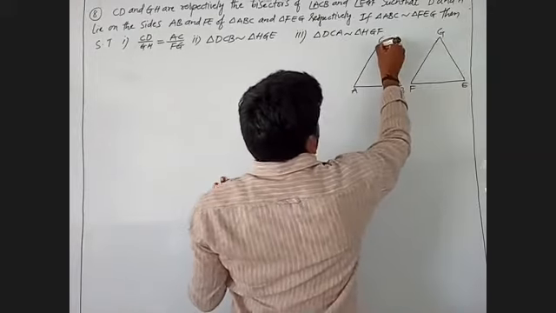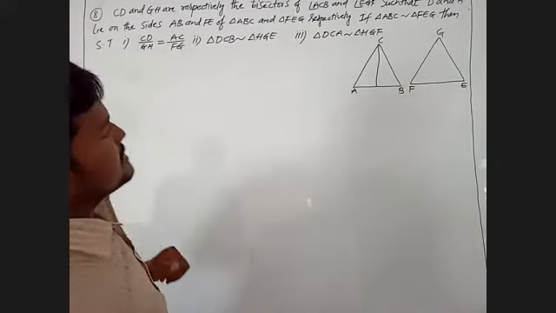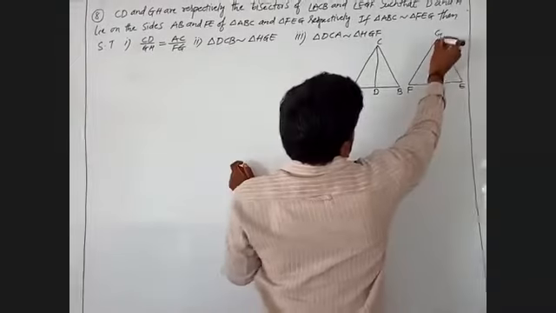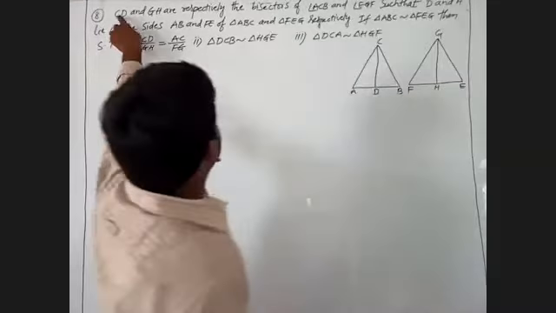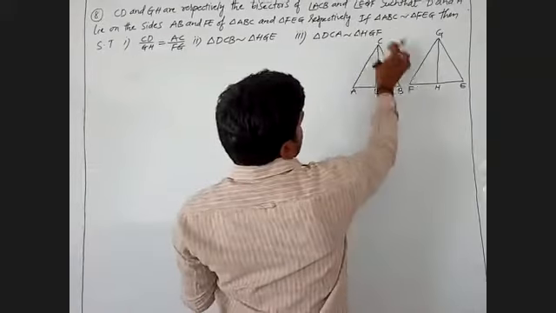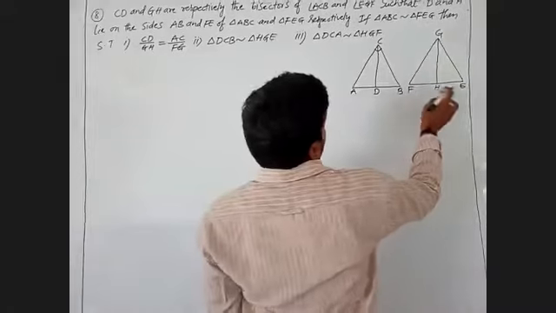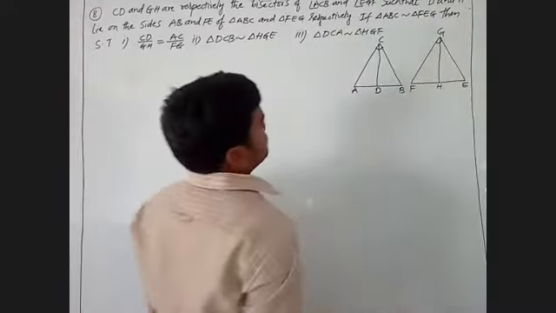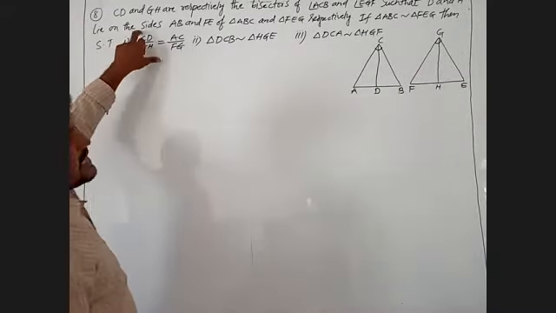I will draw a perpendicular. What is given? CD, this is nothing but D, and also GH, this is nothing but H. CD and GH are respectively the bisectors of angle ACB and angle EGF, such that D and H lie on the sides.